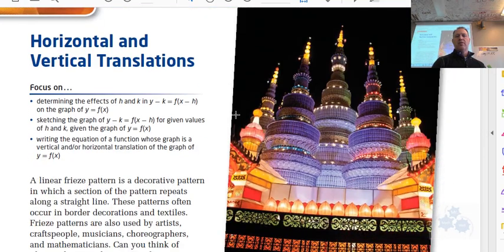So what we're going to focus on first is horizontal and vertical translations, okay? So horizontal, obviously you think about the horizon goes sideways, left to right. And a horizontal translation, if you think about what translate means, right? If you have an English statement and you're translating it to Chinese, something like that.